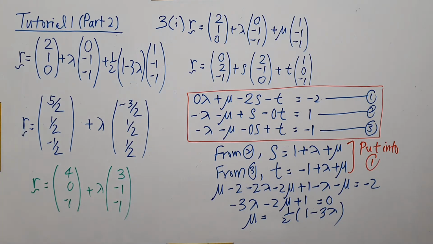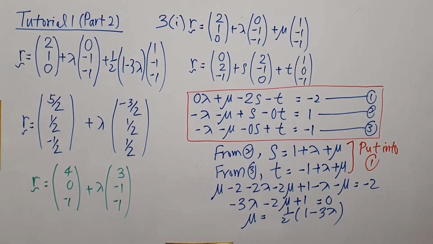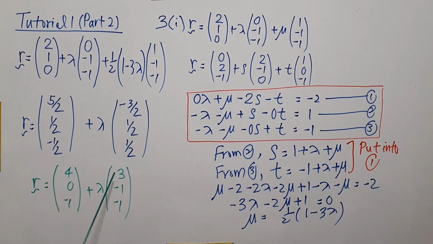So let's see whether or not we match the answer key. As I said, the equation of a line may not be unique, but we have a way to actually check if they are equivalent. This is 3, minus 1, minus 1. It is parallel to this vector, because if I times minus 2 to this, I will get this vector. So these two vectors are parallel, so it's good.